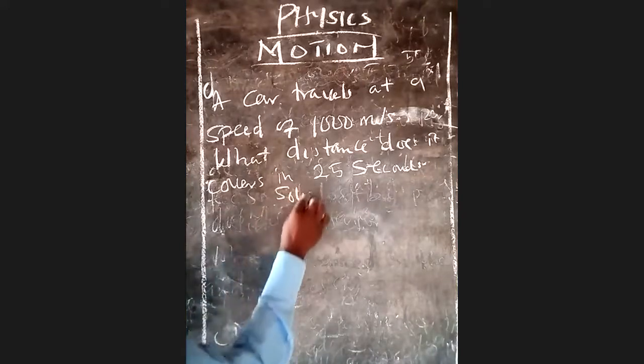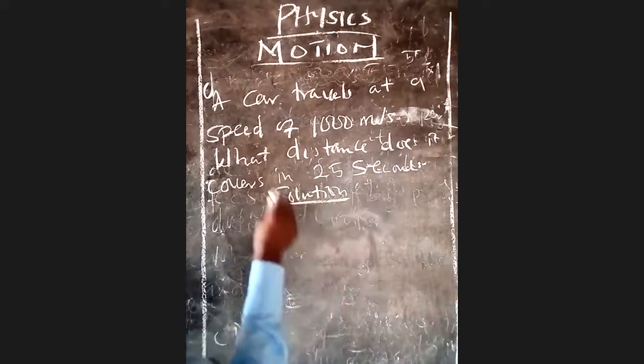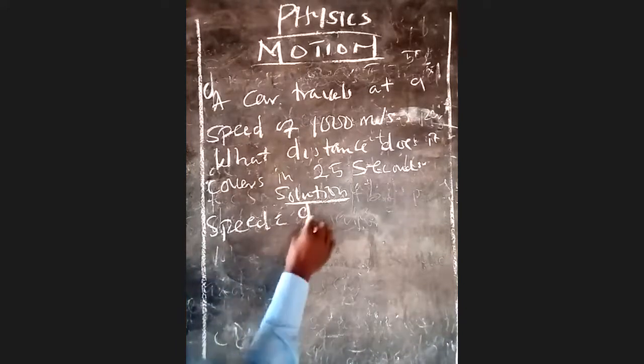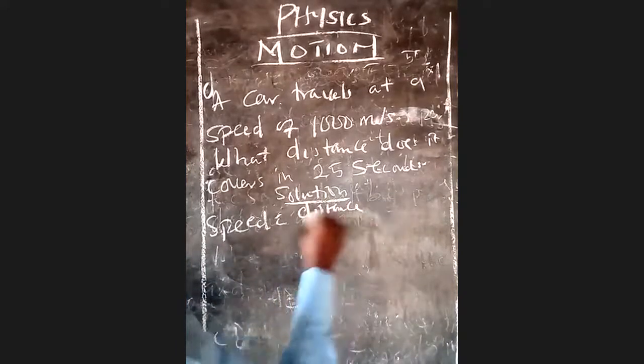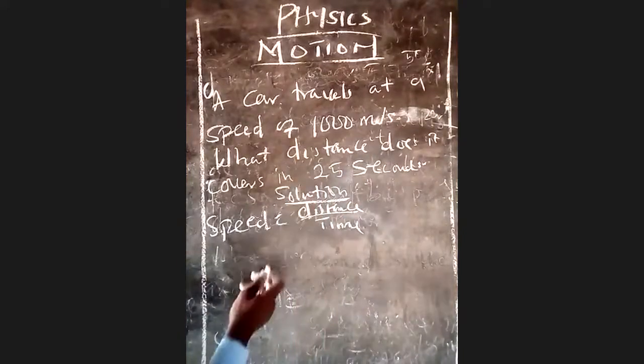Solution. Speed is equal to distance all over time. The distance is not given. Everything is in meters and seconds.